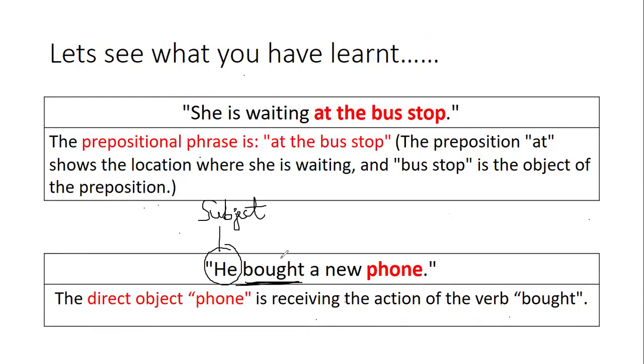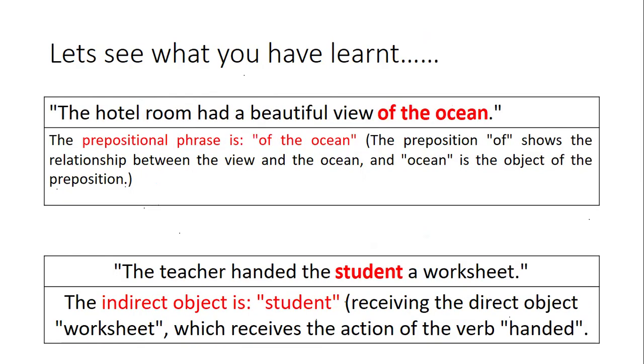What did he buy? A phone. Direct object. Direct object phone is receiving the action of the verb bought. So hopefully, guys, you have understood all the three objects. Moving ahead to give you a still more crystal clear idea.